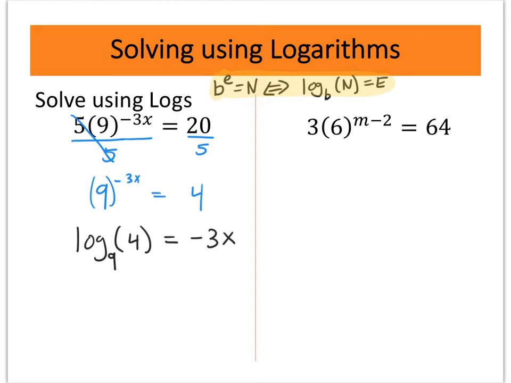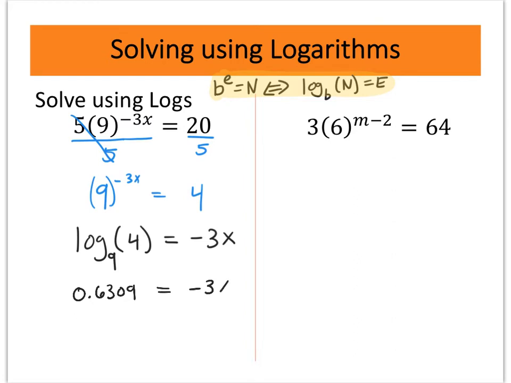And then in a calculator, I'm going to put the log base 9 of 4 into a calculator, and I get 0.6309, and it keeps going a little bit more, but I'm just going to go out 4 decimal places.